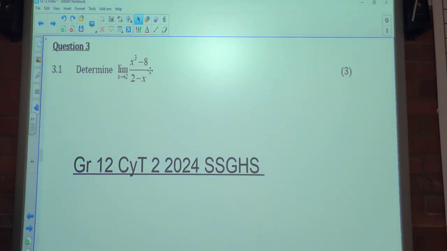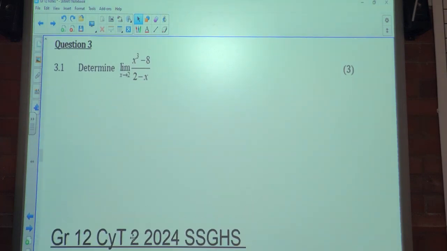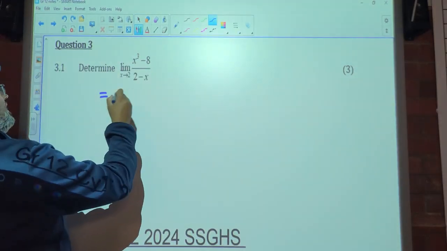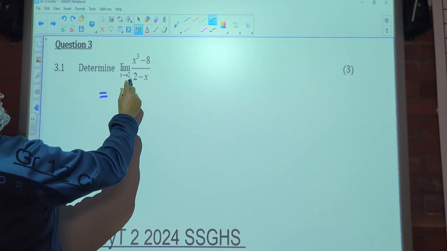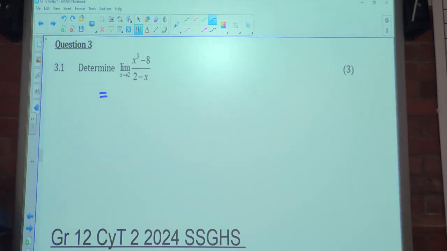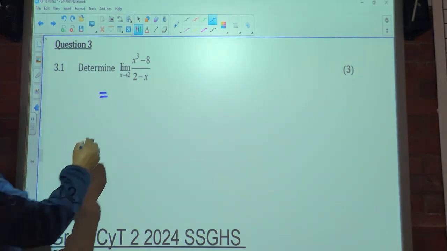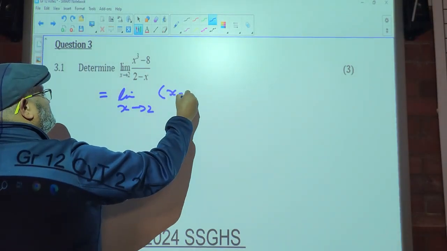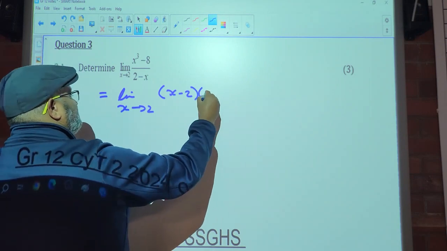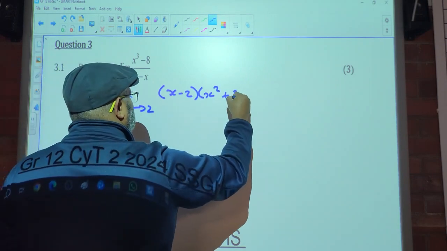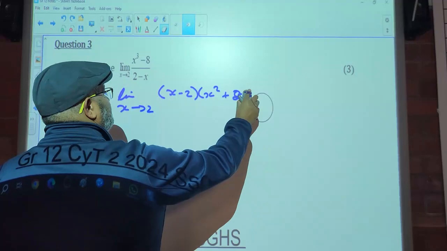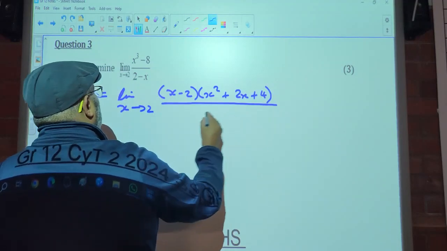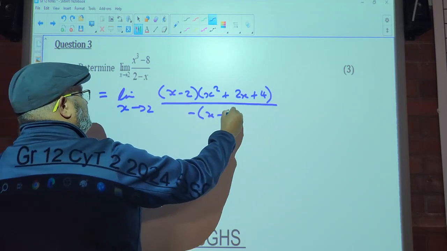In question 3 we are given, determine the limit as x approaches 2 of x cubed minus 8 all over 2 minus x. People, if I substitute that straight, you're going to give me an undefined solution. So that's going to be the limit as x approaches 2 of x minus 2, that factorizes into difference of cubes, x squared plus 2x plus 4, over, swap that around, x minus 2.